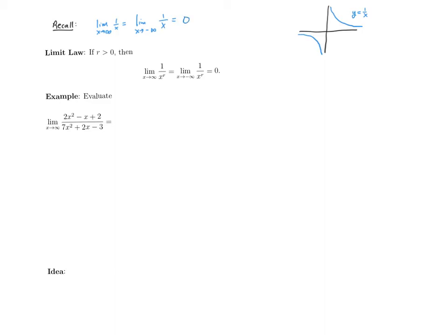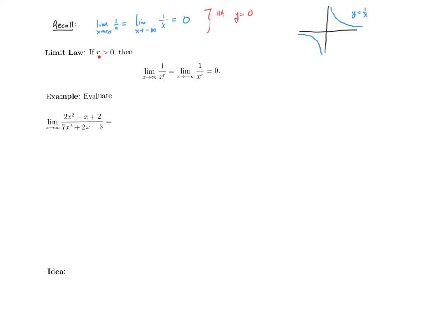And note in this case we would refer to the horizontal asymptote of this curve as being the line y equals 0. And note that as we discussed at the end of the previous video, there was nothing special with having 1 over x.